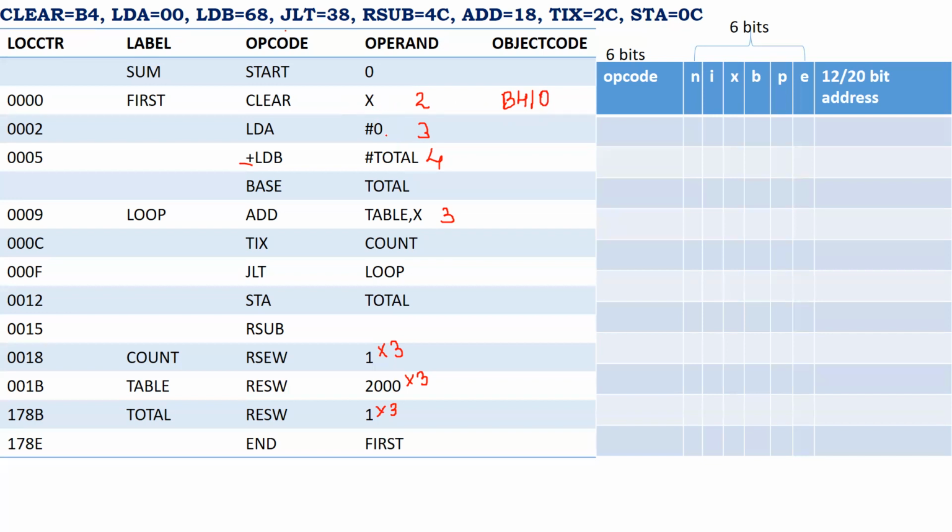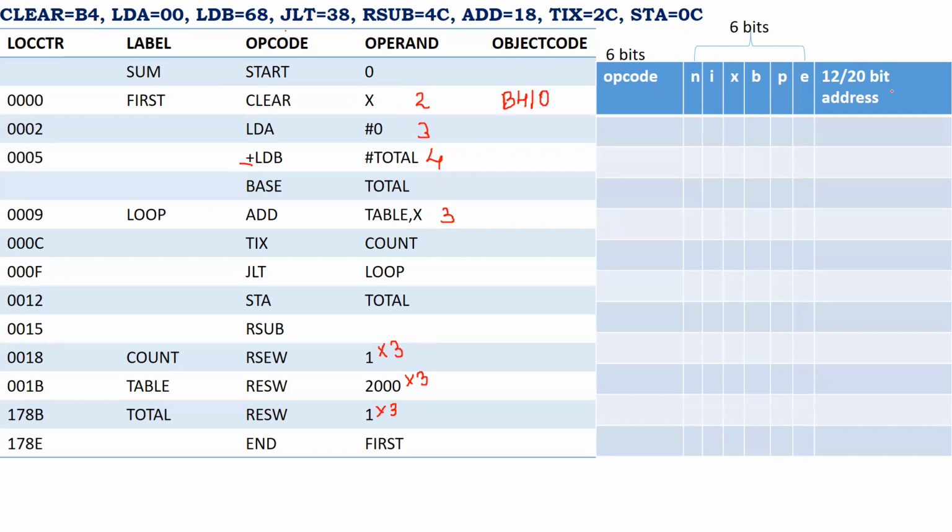Let us move to the next instruction. This instruction is format 3. This is the layout for format 3, where we write a 6-bit opcode and 6 addressing mode flags, each having 1 bit, and a 12-bit address for format 3 and a 20-bit address for format 4, which is the displacement address.